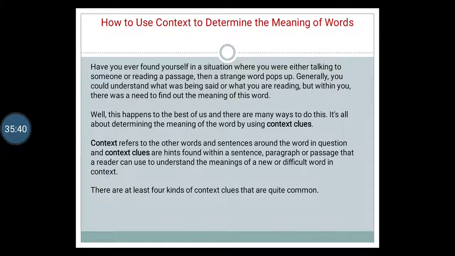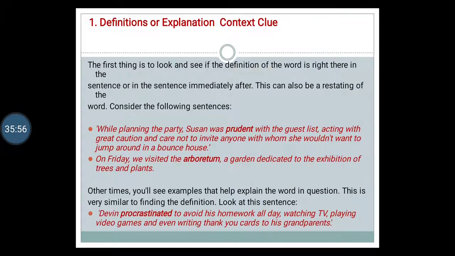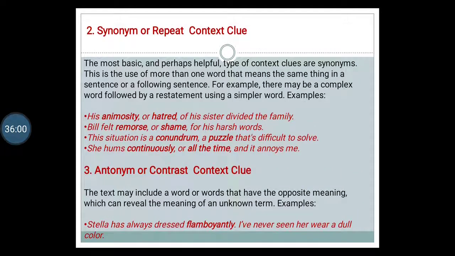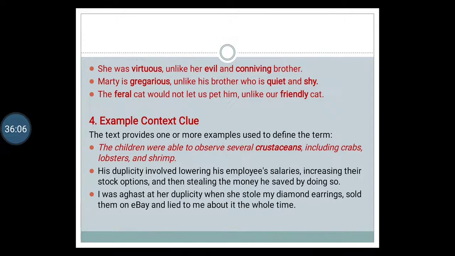And sometimes these words come with context clues that could help us to find out the meanings of those words, even when the dictionary is not immediately available. We've looked at the 4 context clues here: definitions or explanation context clue, synonym or repeat context clue, antonym or contrast context clue, and then of course example context clue.